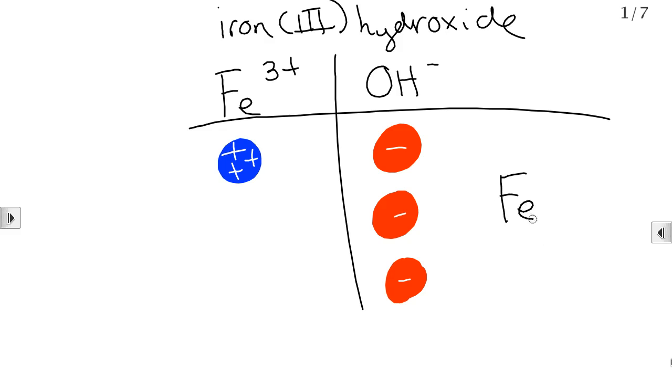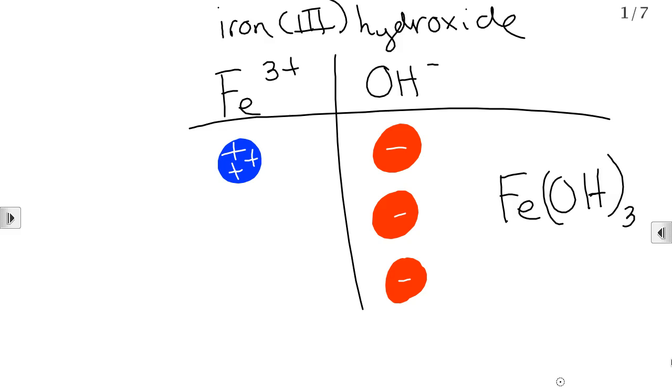Iron, and there's my hydroxide. Does the iron need a subscript? No. What about the hydroxide? 3. Can I just put a 3 right here? What about right here? It has to be parentheses. Ta-da. If I was to leave the parentheses off, it would look like I had 3 hydrogens and only 1 oxygen. So that's the issue. It's like in math class if we were distributing, right? I have 3 of all of this.